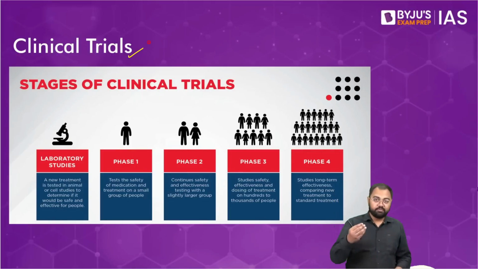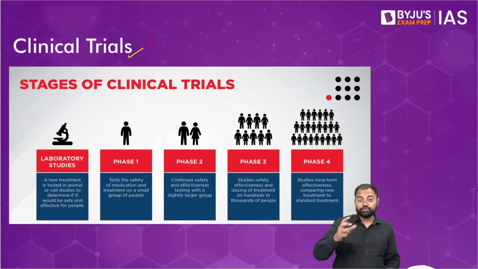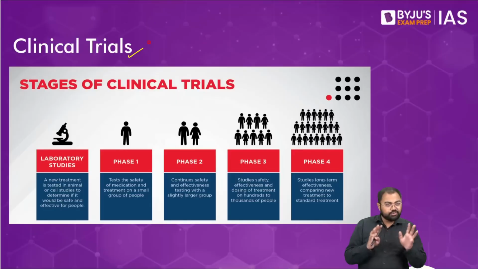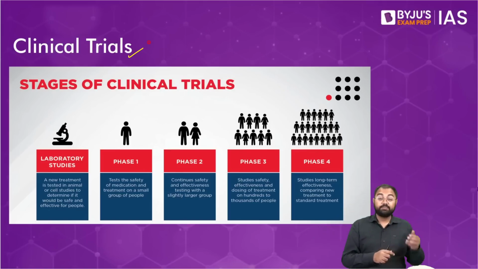For example, we discussed how stem cells are used for drug testing. So stem cells can be used, and we might use the vaccine on the stem cells or the tissues and organs that have been grown out of stem cells, just to check whether everything is working fine, just to see if it has any positive or negative impact. So these lab studies will happen, plus sometimes it will also be tested on animals.